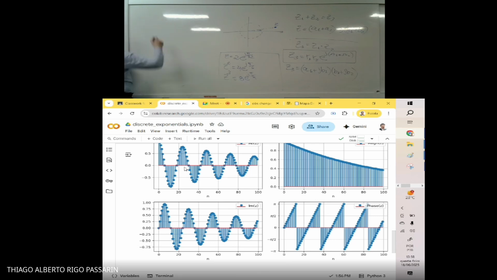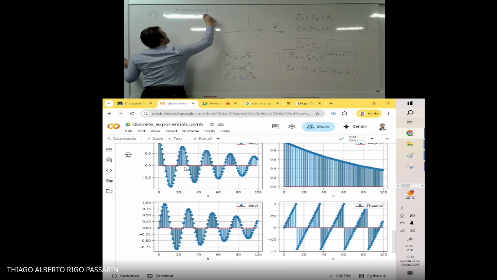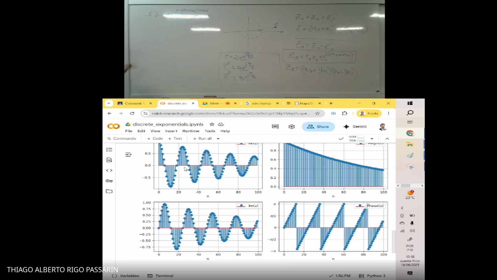This works better. So it's a normalized frequency. What's the unit that I should use here?